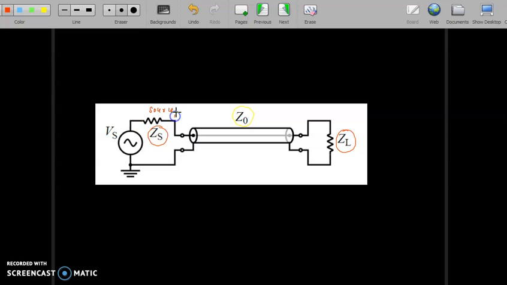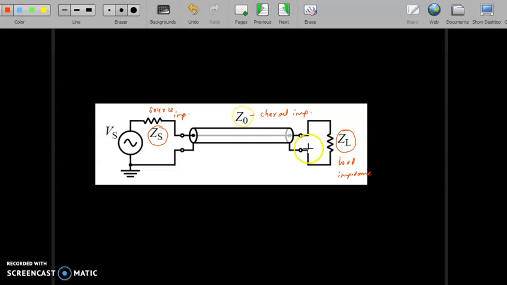This is the source impedance, this is the impedance of this transmission line, which is called the characteristic impedance, and this is the load impedance. We know that as per the maximum power transfer theorem, the power transmitted from source to the load is maximum when the source impedance exactly matches the load impedance.